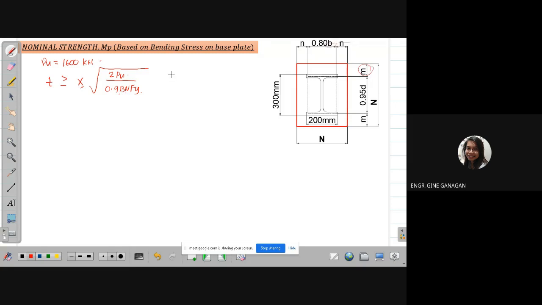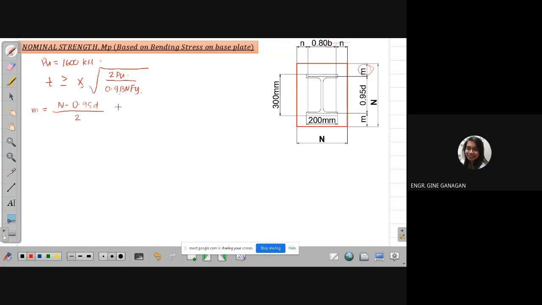Okay? So, let's start by solving m. So, yung m natin, that is equal to N minus 0.95 of D over 2. Kasi dalawa nga sa magkabilaan.